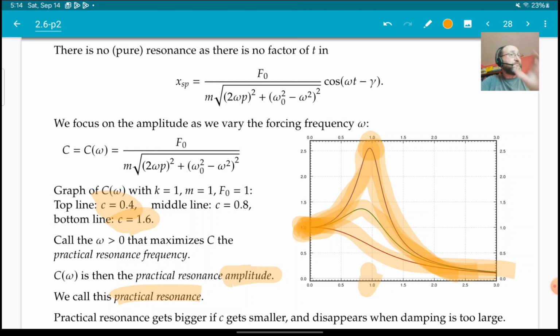But at 1.6, there is no practical resonance. And again, it's not pure resonance, so it's not something that's going to go off to infinity. There's some amplitude, some maximum displacement. It's not going to go further than that, and that really depends on the damping. But it could be very large.